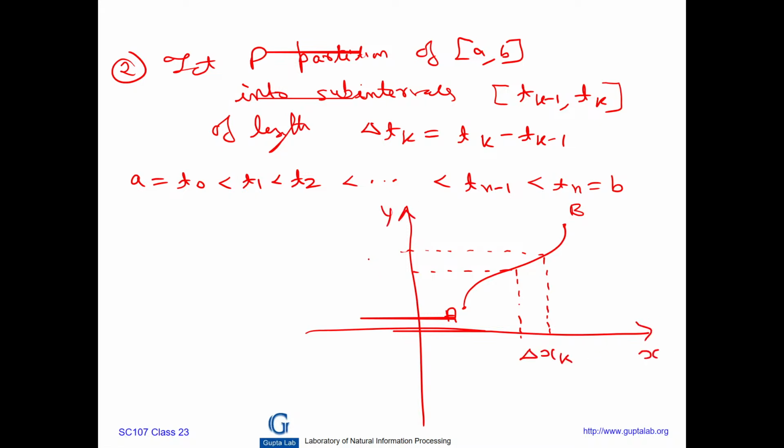This is along the y-axis delta yk, and here is a typical point xk star, yk star, and this is the partition delta sk. So what happens, as soon as you partition the parameter t, it will induce a partition on the curve C, right? Curve C का partition हो जाएगा.